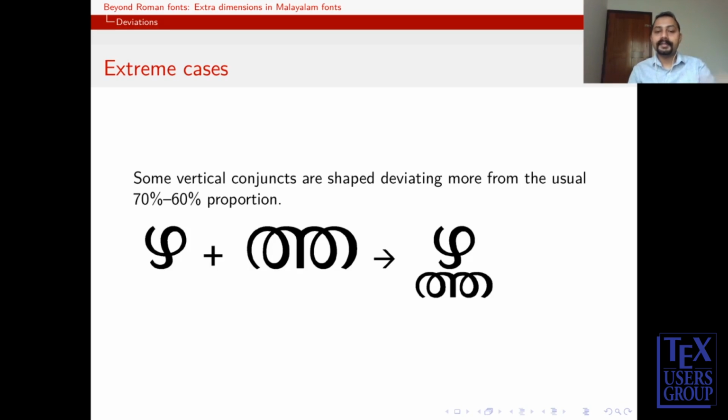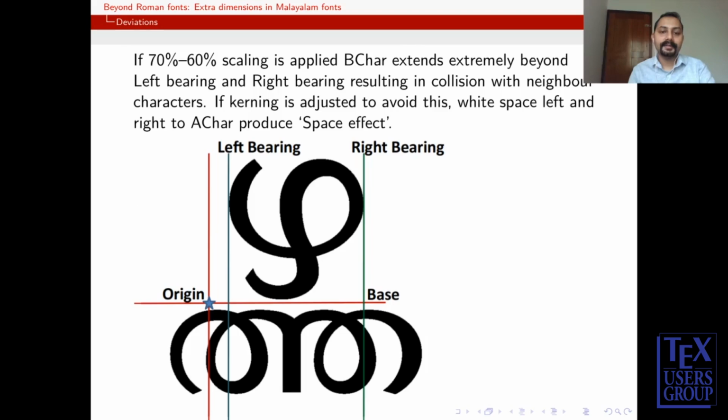We look at some extreme cases where this conjunct occurs and some of the design decisions that we have taken to accommodate these glyphs properly. If we take the usual 70% to 60% scaling that is typically applied to other below base characters, the below base character in this particular glyph actually extends much beyond the left bearing and the right bearing.